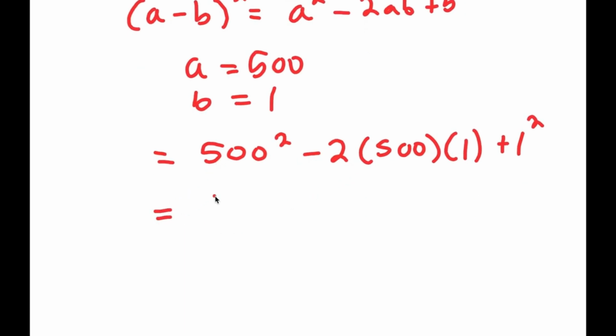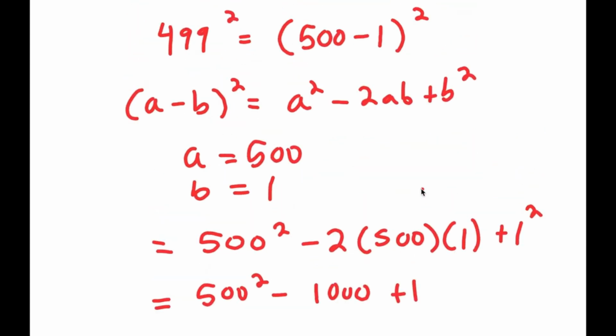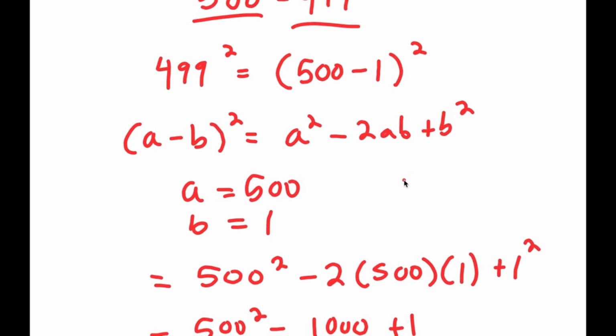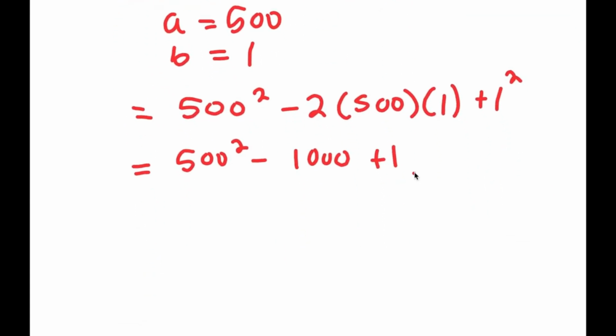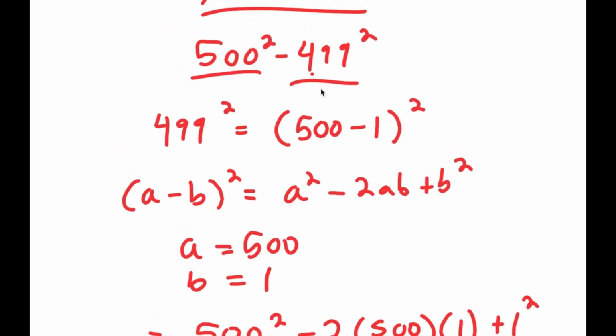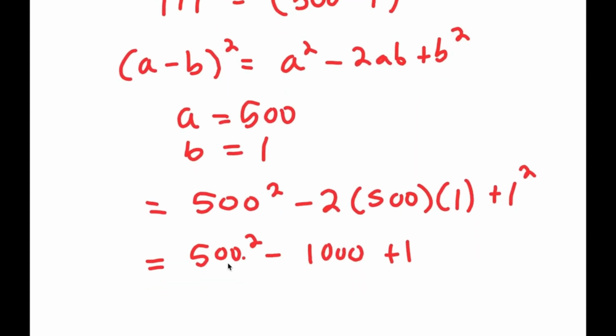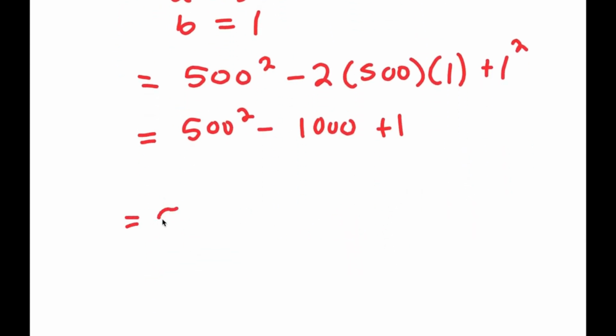And this simplifies to 500 squared minus 1000 plus 1. And now we can go back and replace 499 squared with this. So we get 500 squared minus 500 squared minus 1000 plus 1.